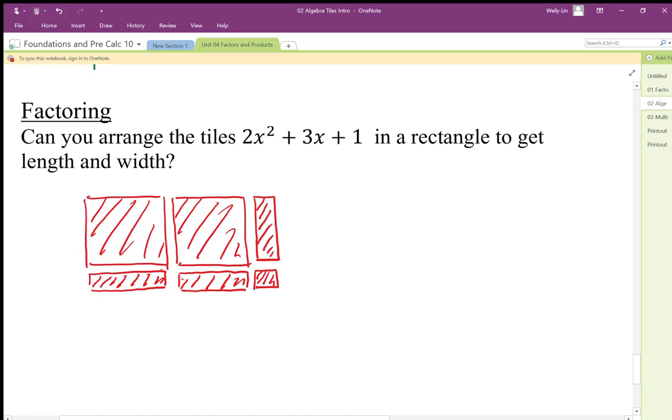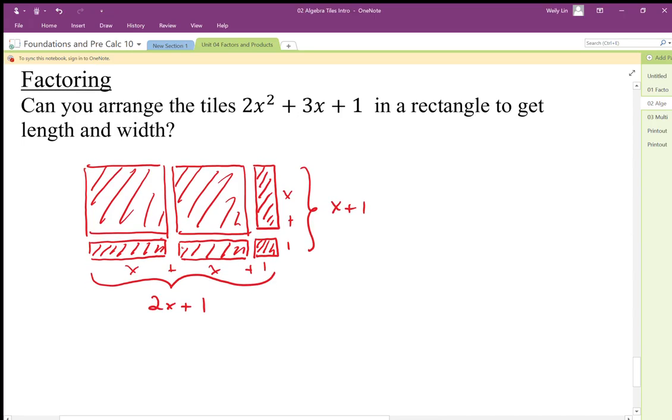Now that we have the rectangle, we can write our length here. We have a length of x, x, and 1. That's 2x plus 1. And along here we have x and 1, so that just becomes x plus 1. So we can say that length times width equals area.